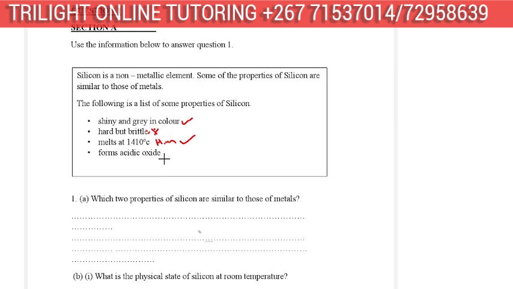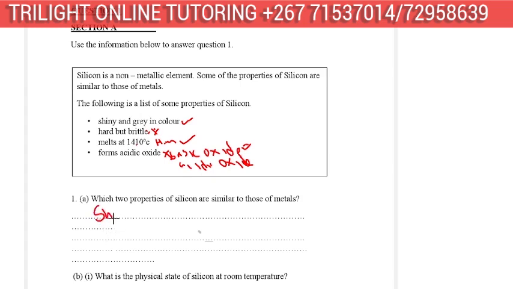Most metals form basic oxide, but others are amphoteric, meaning they can show both basic or acidic oxide, like aluminum oxide. So this one is out, since most of them are basic oxides. So we are left with these two.